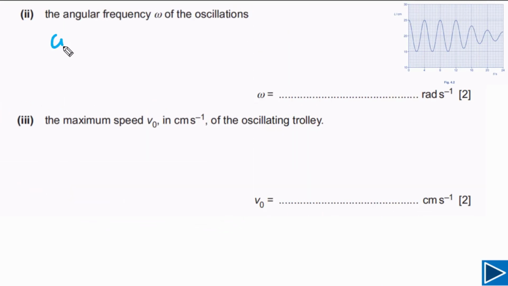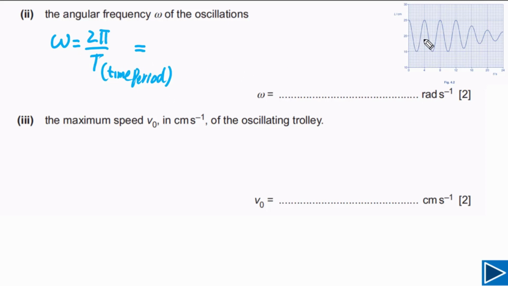For our second part, we need to calculate angular frequency of oscillations, and angular frequency is equal to 2 pi over capital T. Capital T is the time taken to cover 2 pi radians angular displacement. 2 pi radians angular displacement simply means one cycle, or we can say one oscillation. So this time is the time period. Now, if we have value of time period, we can calculate angular frequency.